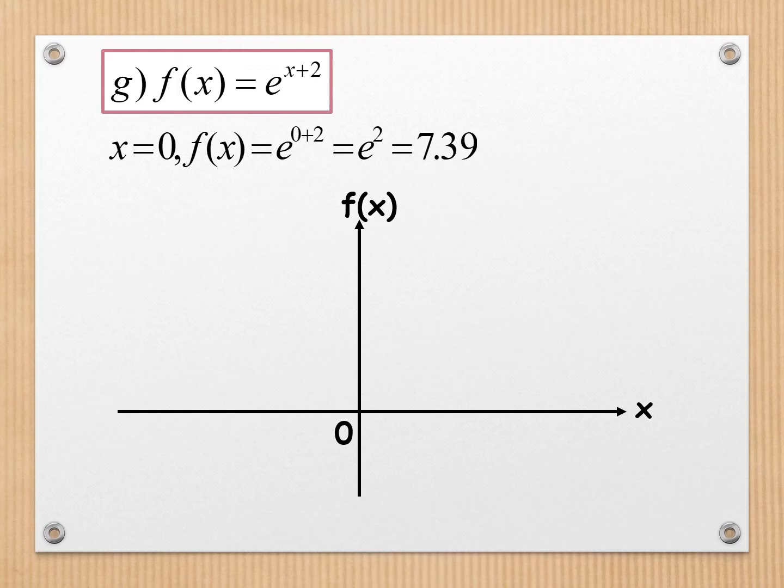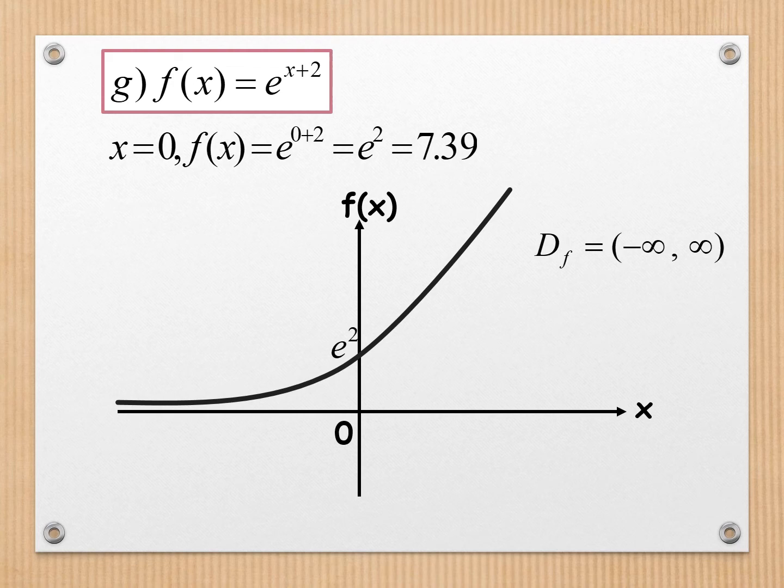When x is approaching negative infinity, then f(x) is approaching 0. So the graph will be like this. So from this graph, we notice that the domain is negative infinity to infinity, and the range is open 0 to infinity.